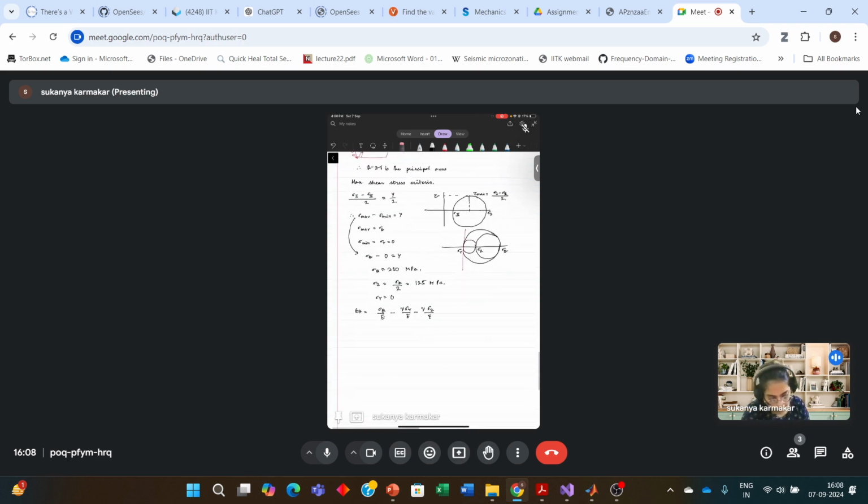Okay. Now what I was doing, I want to calculate epsilon theta and epsilon z. Now epsilon theta is sigma theta by E minus nu sigma r by E minus nu sigma z by E. Now let's take 1 by E common. So sigma theta minus nu sigma r.